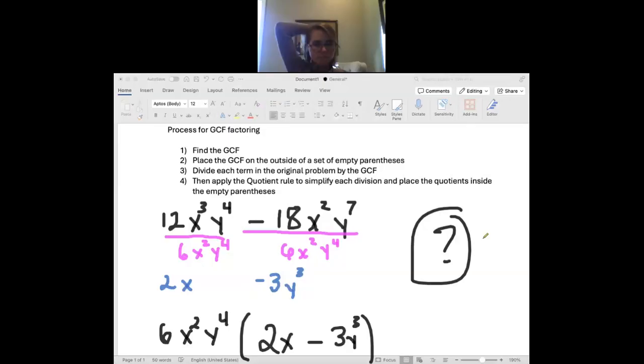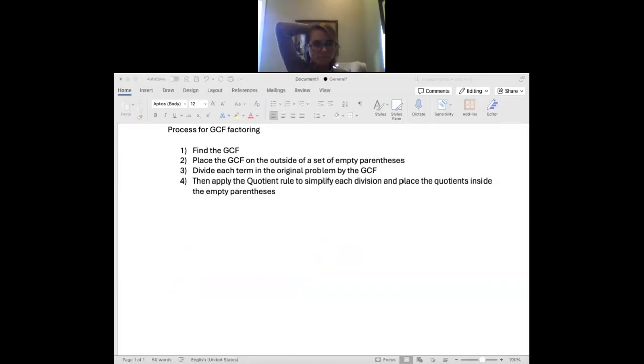So we can use this process to our advantage, and now we're ready for the next type of problem. We're still gonna do the GCF, but you're gonna see it's actually a little better in some cases.